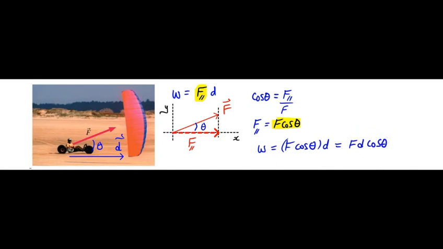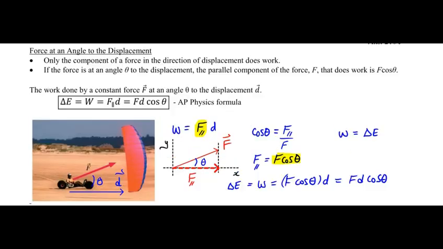And work, by the way, is also equal to the change in energy of the system. So W is equal to the change in energy. So when you're calculating the work when you're given a force at an angle to the displacement, we utilize this formula over here, more importantly the one on the right side. And this entire formula, what's written in the box, is what's shown on your AP physics formula sheet.